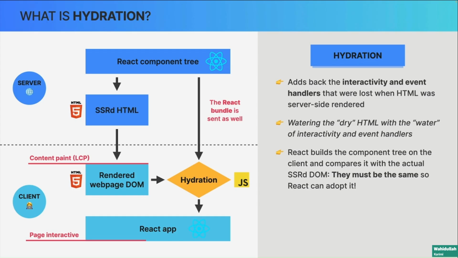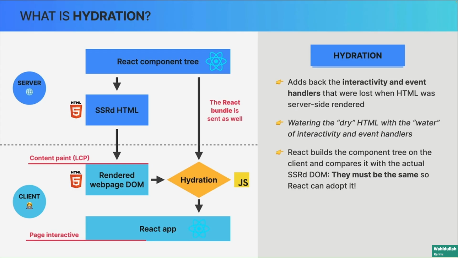Therefore, if there is actually a mismatch between the page that we have and the page that client-side React thinks that we should have, we get something called a hydration error. Now, these errors are not very common, and we usually do not need to worry about hydration problems, but sometimes you do see an error in Next.js. And so then it's nice to know what might have gone wrong.